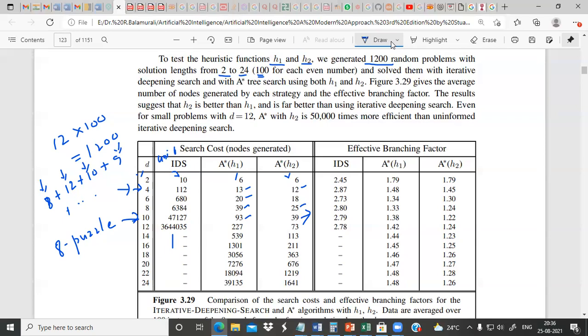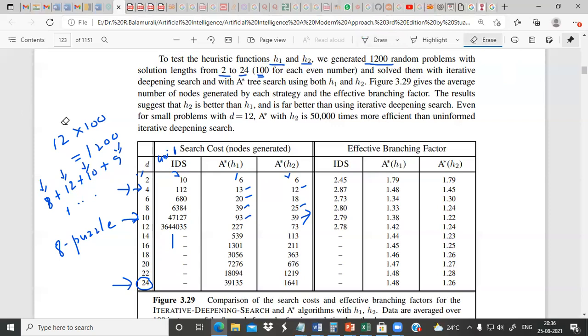You can see here, for the depth of 24 also there are 100 problems, and the average number of nodes generated with H1 is 39,135 nodes, whereas with H2 it's only 1641 nodes, right? So the point we are discussing here is that in this case the heuristic H2 performs better than H1.